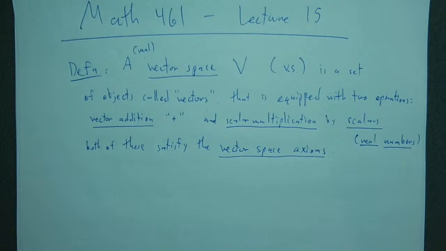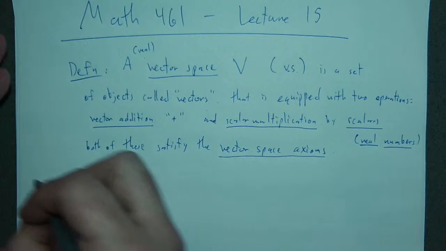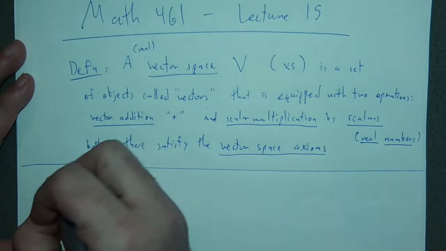So it includes things like the existence of a zero vector, the existence of a vector additive inverse, things like that. And we saw some basic properties; you're already familiar with how these things go. So some examples.